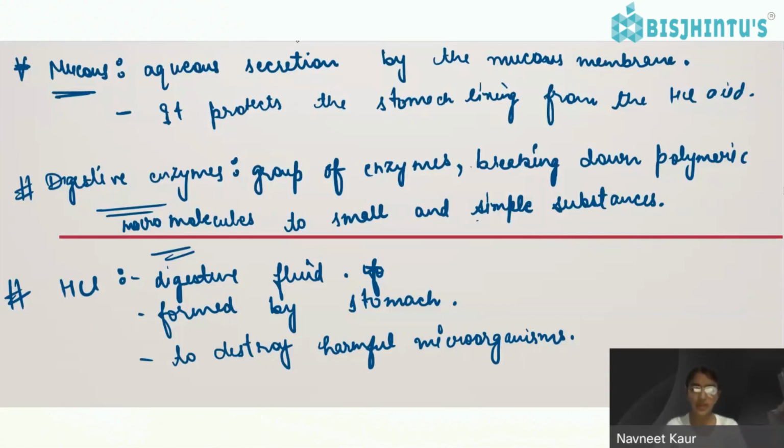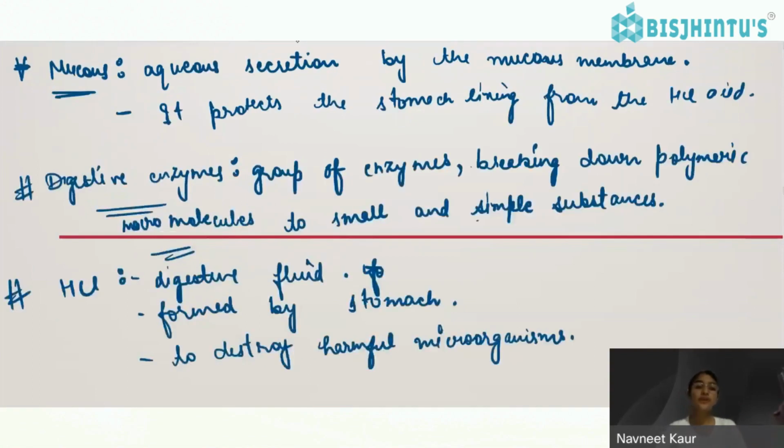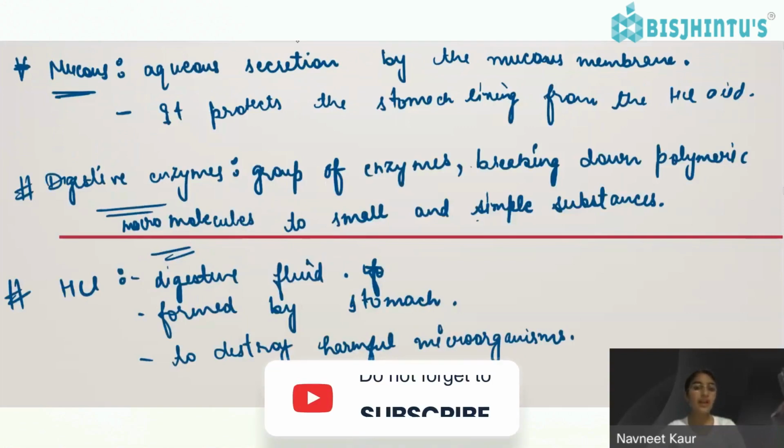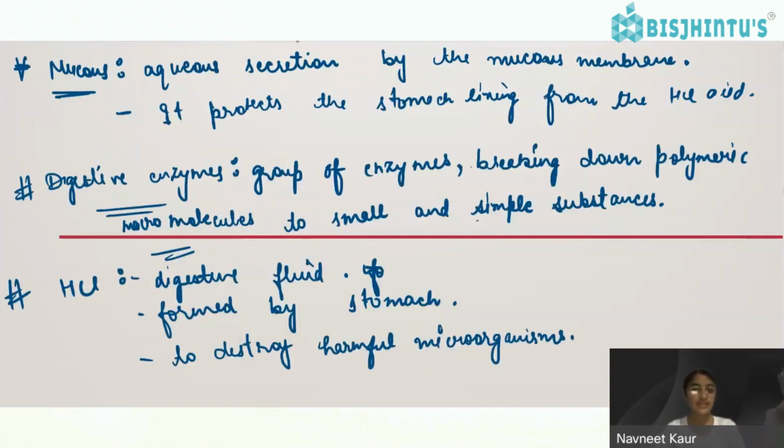What we have read in stomach, that stomach is a muscular bag which stores food, and it releases digestive enzymes and HCl acid. And to prevent the harmful effects of HCl acid on our body, like it can burn the stomach lining or something like that, we have mucus present between the stomach lining and the HCl acid, which protects the stomach lining from the HCl acid.